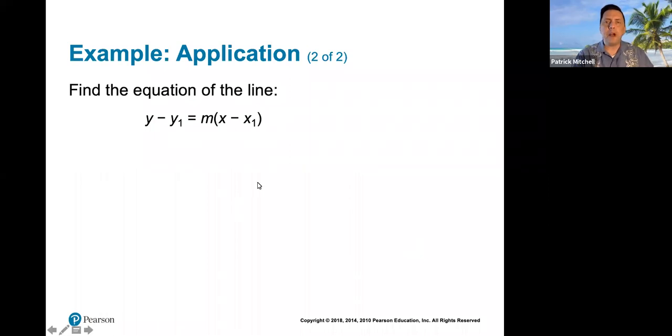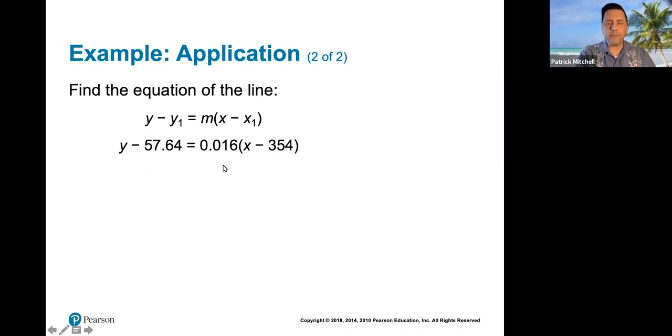And then I'll use the point-slope formula to find the equation of the line. The slope is 0.016, and they're using the second point, it looks like. You can use either one of those points. Distributing 0.016, you get 0.016x minus 5.664.